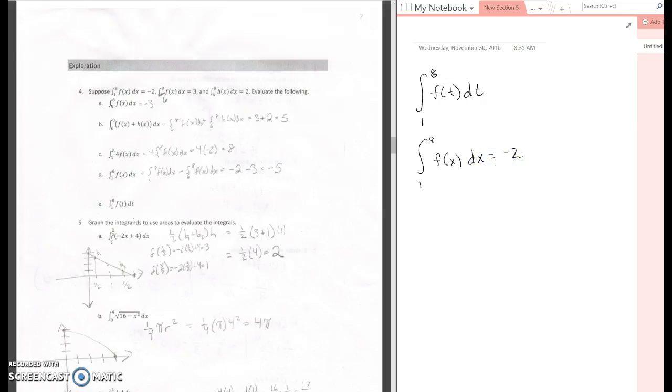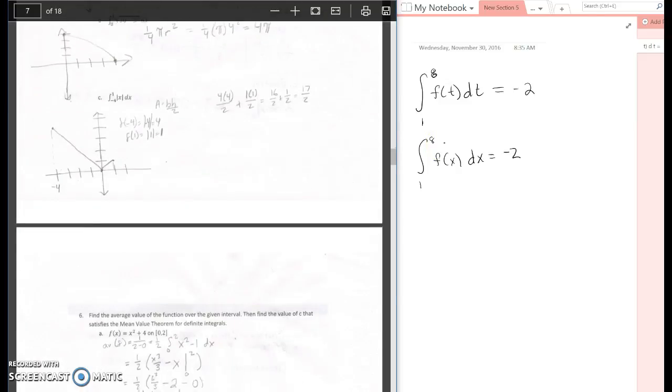And what this was really trying to show is that this variable you're integrating with respect to, if we had changed x for the letter t, it actually wouldn't change anything. The answer would still be -2. So since it's the same function f, it doesn't matter what letter we're using for the variable. If we're integrating with the same limits, it would be the same. So that's just -2. Okay, 8a.